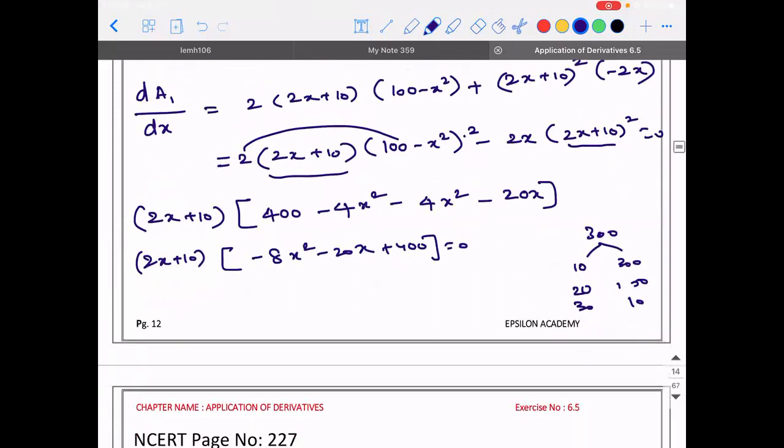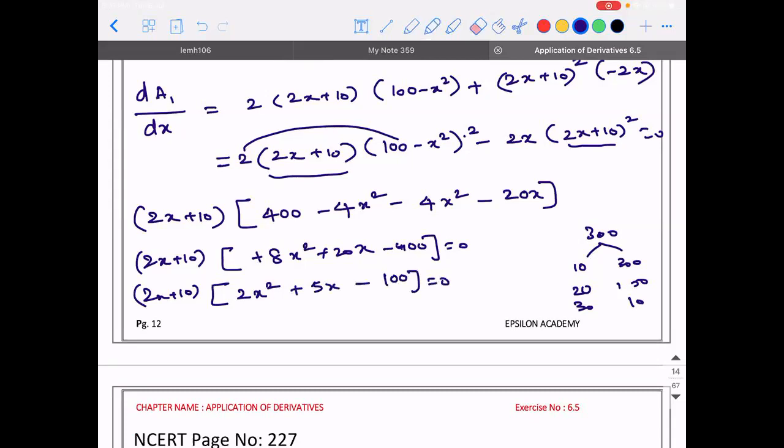Now I think we should get the answer. 2x plus 10 into this will become plus and this will become plus. This will be a minus. So everything is divisible by 4 itself. So we can write it as 2x square plus 5x minus 100 equal to 0.